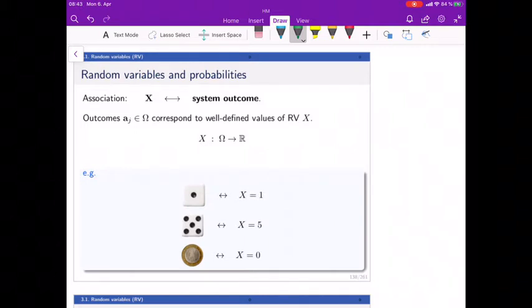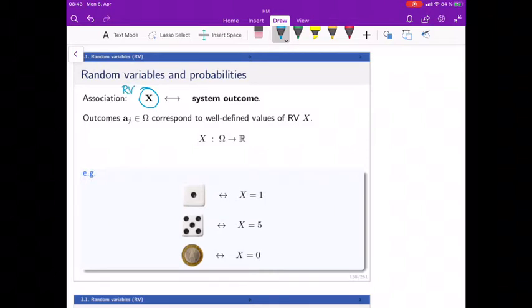So let's say we've got this symbol here, x. It's just a symbol for an outcome of our system, a result of our random system. And this is our random variable.